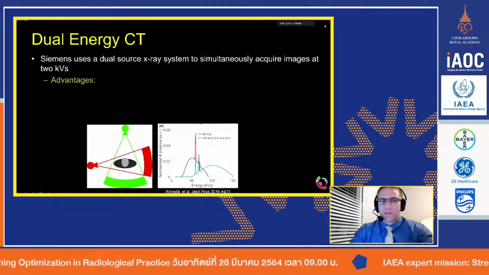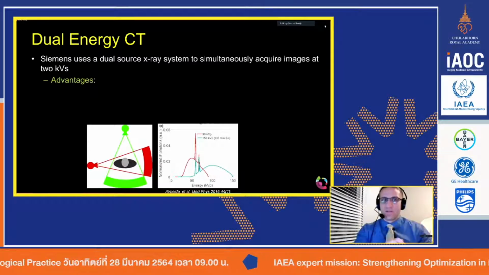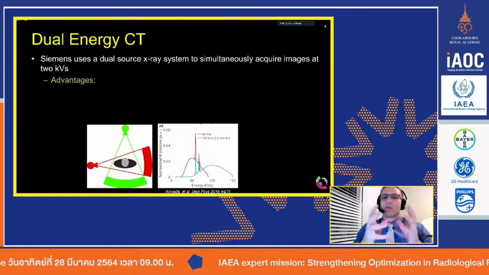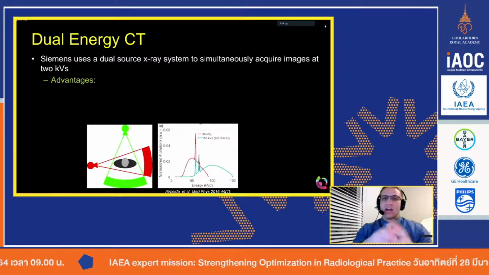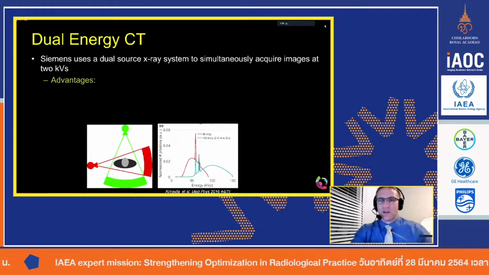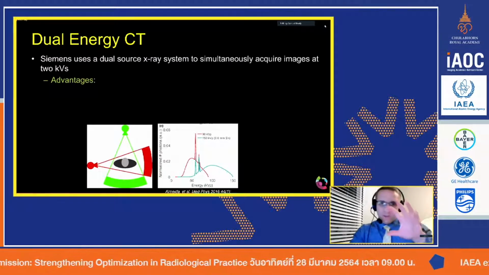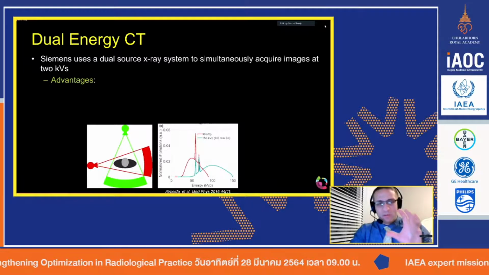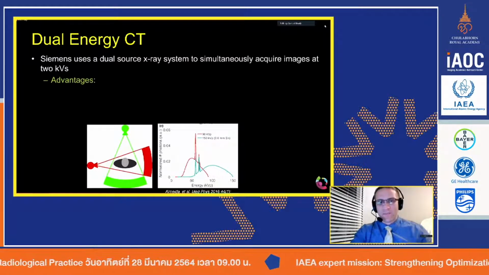Now that I've talked very broadly about the physics of how we use two energies to create one image and use that to distinguish two different tissue types, you are, I think, a little better prepared to talk about the different CT scanners on the market.